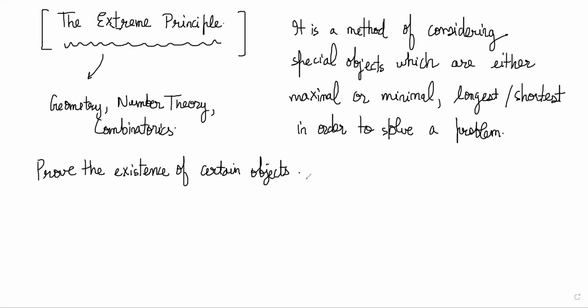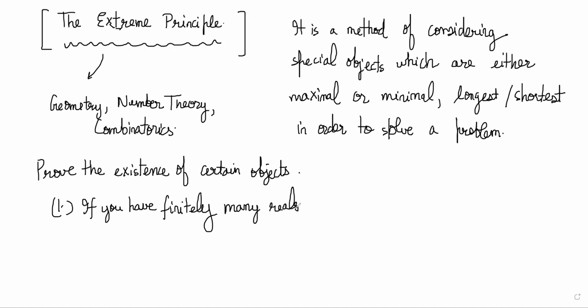And some key points that you need to know are: if you have finitely many real numbers, then there is a maxima and minima in them. There is a maxima or minima element in that set.